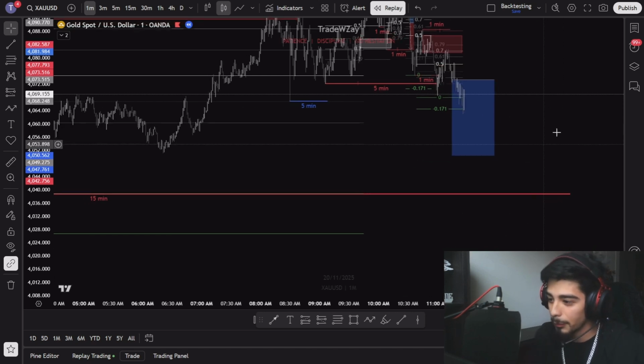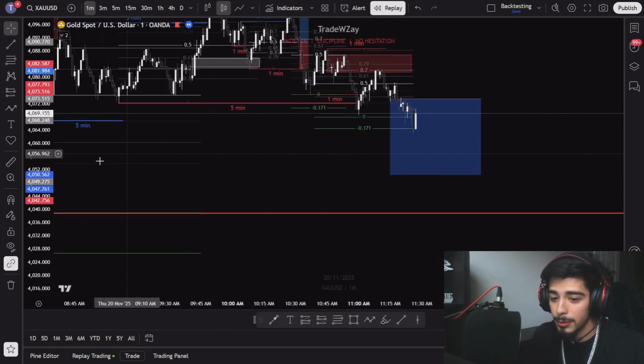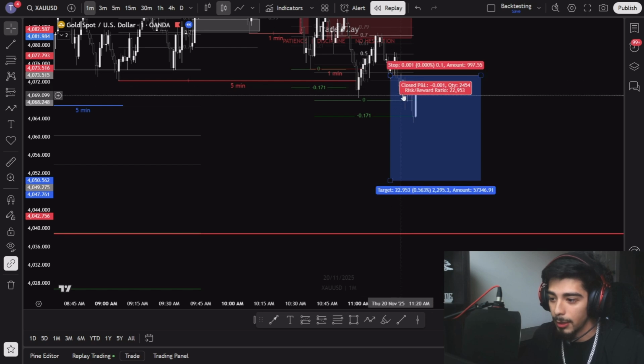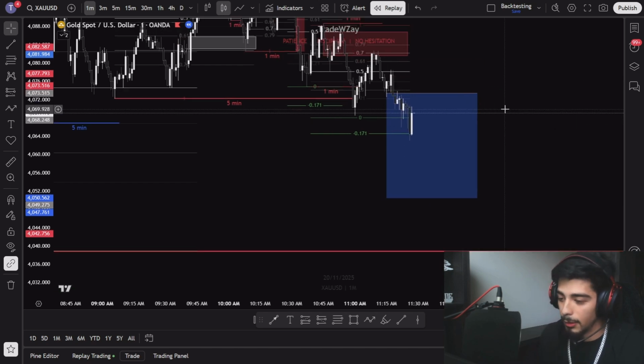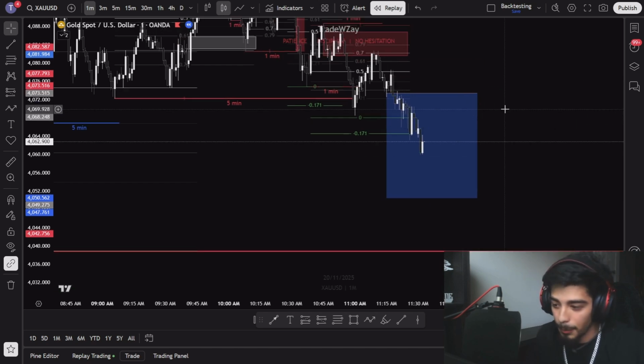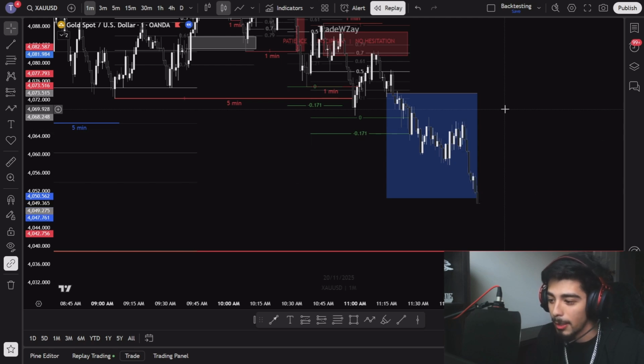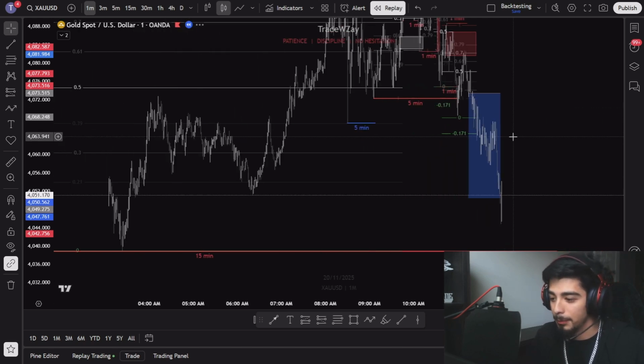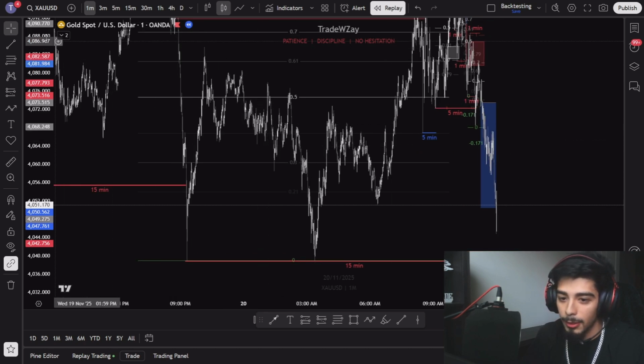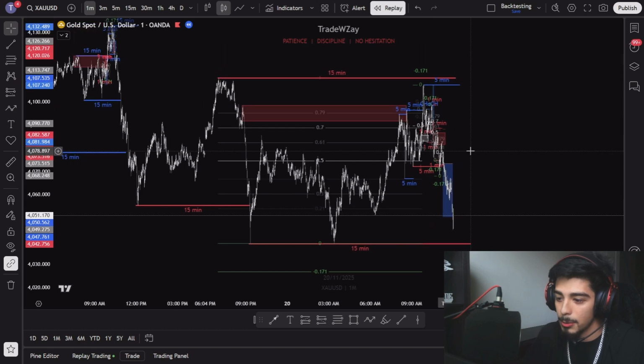From what I'm seeing now, price action looks good. Everything is selling, so I just set my TP and let it ride, and then bam, we get tagged out. And yeah, that was it.